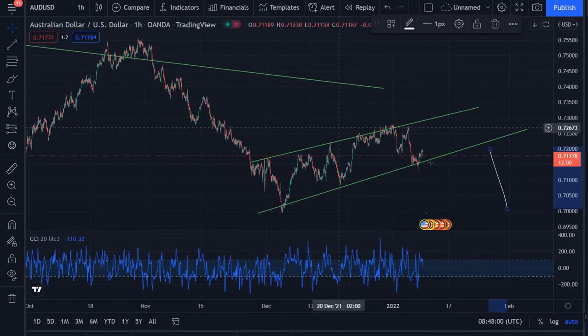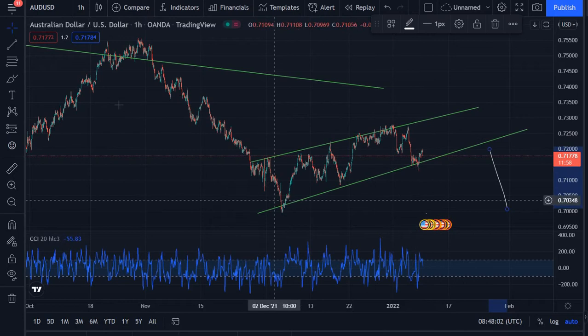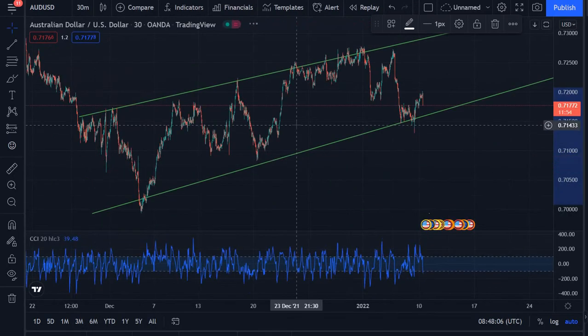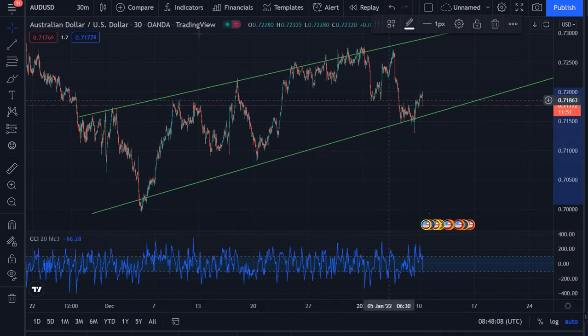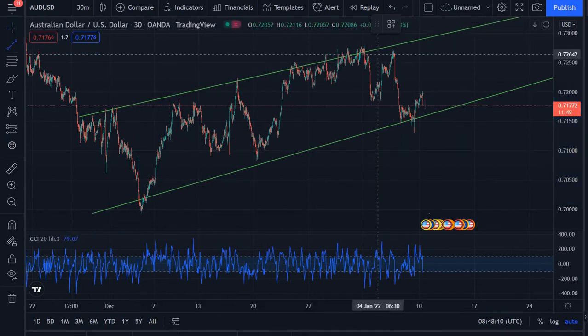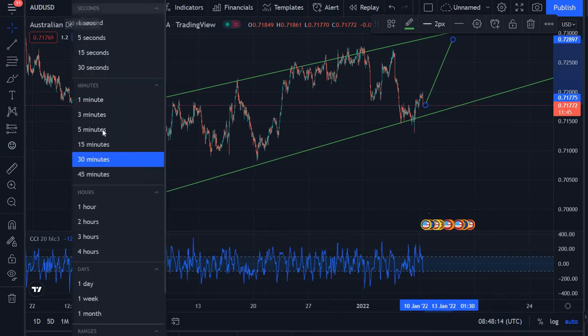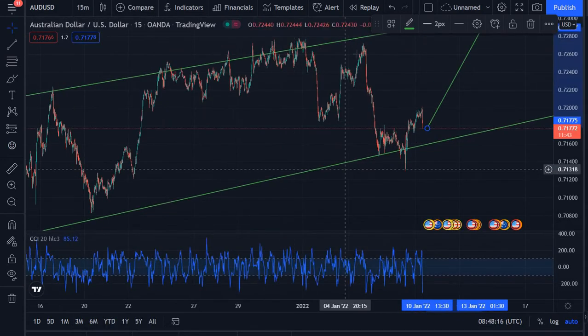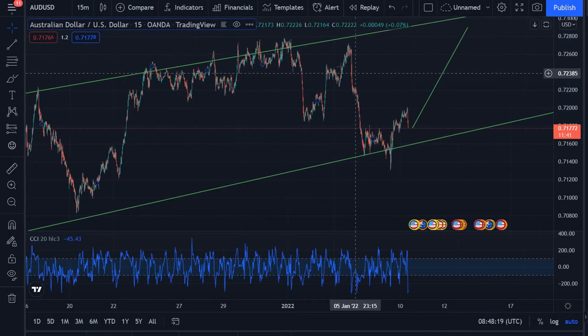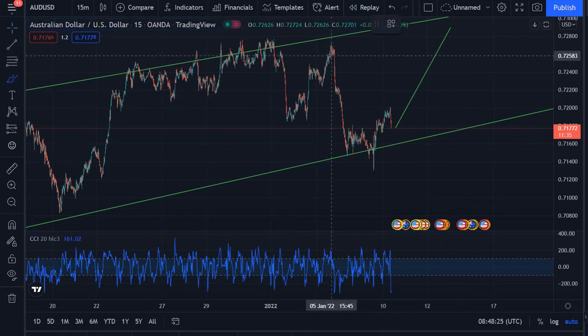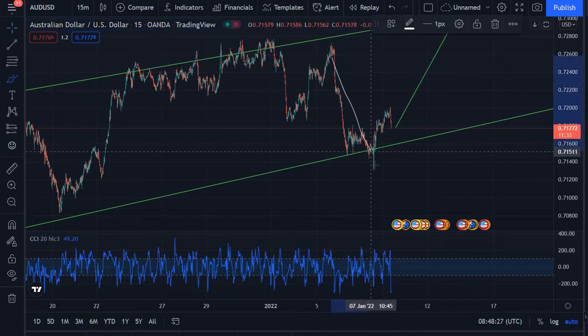Checking the 1-hour chart, rallying a bit to the upside. 30-minute chart here, what could happen is a move to the upside again. So if we check the lower time frames, here is not really a pretty angle on the 50-minute chart, but we broke here.